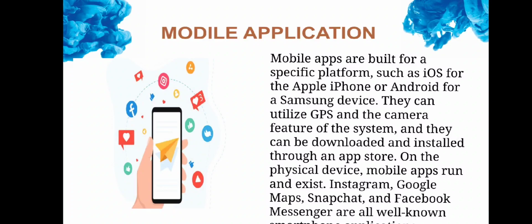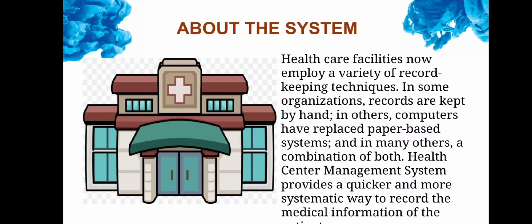Mobile apps are built for specific platforms such as iOS for Apple iPhone, or Android for Samsung devices. They can utilize GPS and the camera feature of the device, and they can be downloaded and installed through an app store. On a physical device, mobile apps run and exist. Instagram, Google Maps, Snapchat, and Facebook Messenger are all smartphone applications we know.